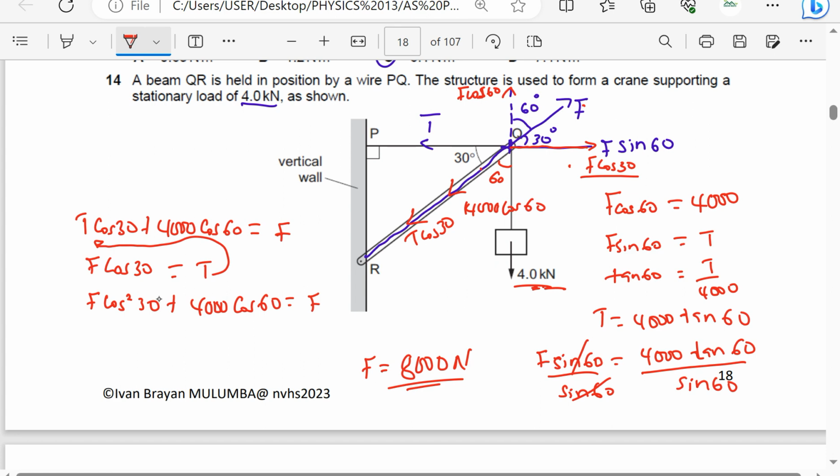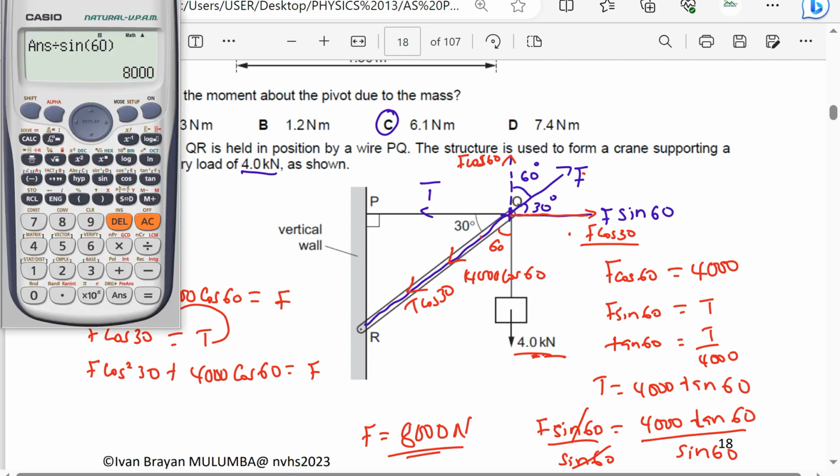So there's a common factor here, so I just try to solve for F. And if you try to solve for F, I'm very certain you'll still get the same thing. Let me check. So cos 30 squared, so that is cos of 30, but squared, that is 0.75.